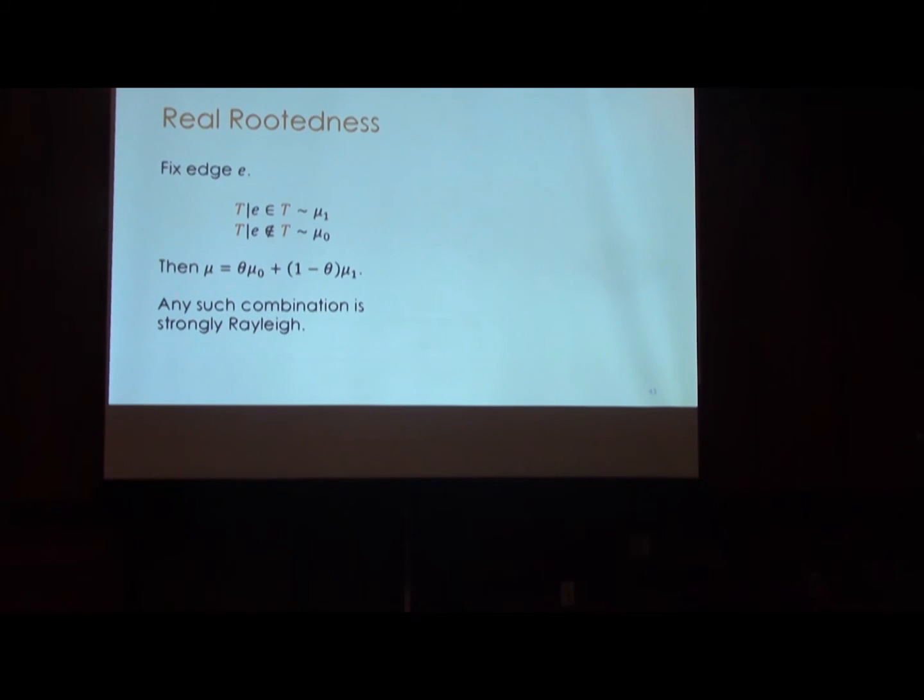And you can actually show that any such combination, not just for the theta which gives you mu, but for any other theta between 0 and 1, is going to be strongly Rayleigh. You can basically show that for any other theta, you can get the distribution on the right-hand side by applying an external field to mu.